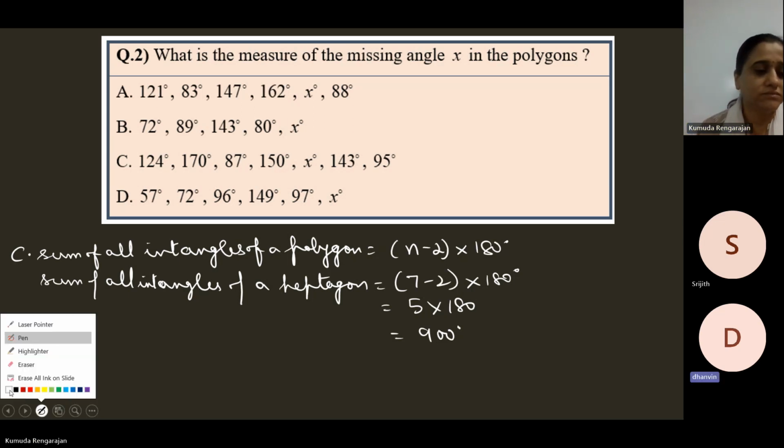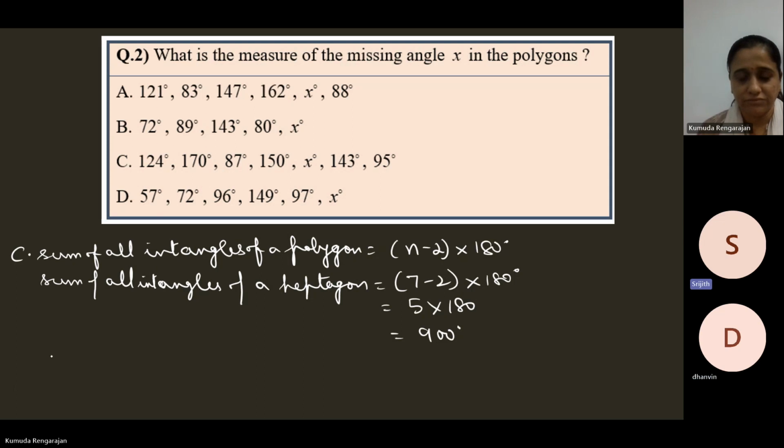Ma'am, we should divide it. No, not division. Yes, Dhanvan. We should add every other number except x. Then we should subtract it from 900. Correct. Srijit, the sum of all the 7 angles is 900 degrees.